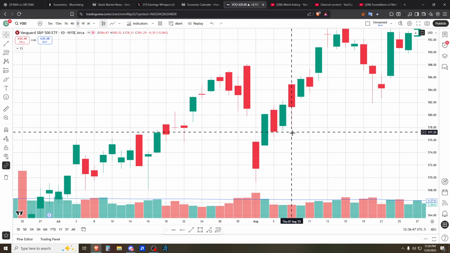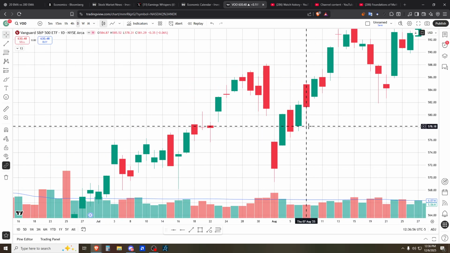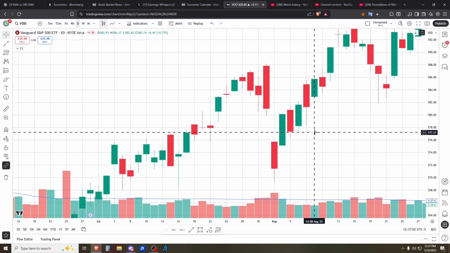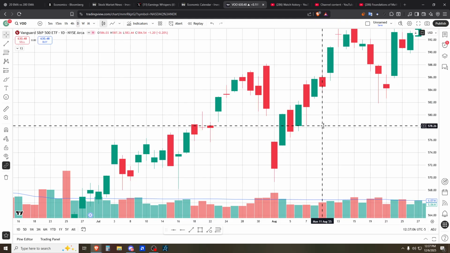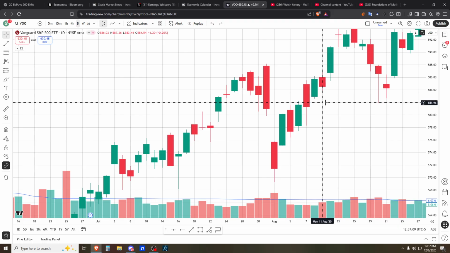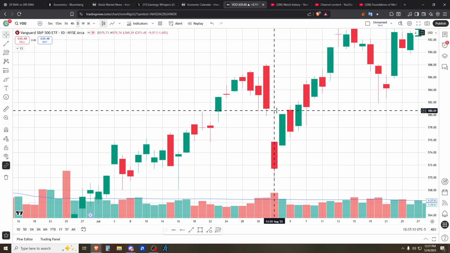It represents where price was during this candle formation off the daily. So, to make a long story short, throughout the day, price went down a bit, price went up a bit, but it closed right here. It opened right here, went down a bit, went up a bit, but closed right here.